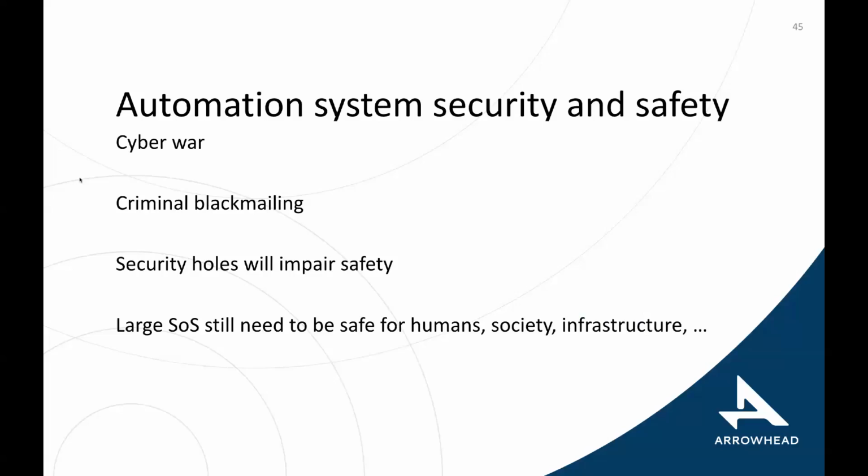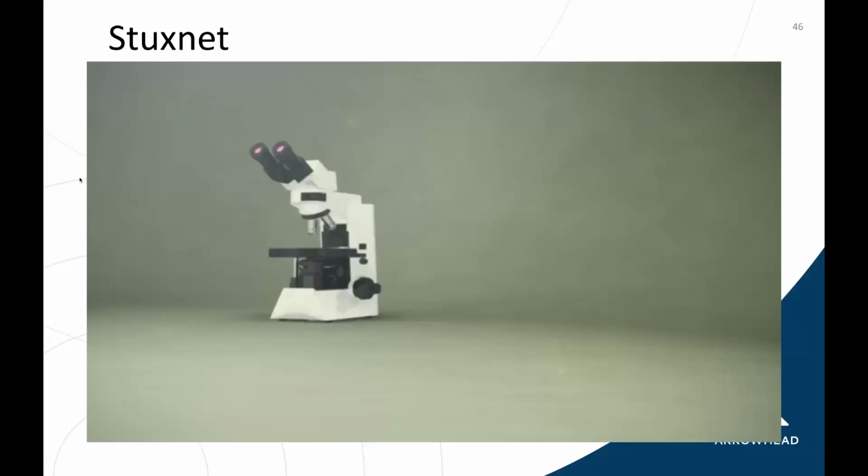So this is where we are, and you all know about Stuxnet, and there is another nice movie on this, and it's worthwhile looking at to understand what's going on. The movie is from 2012, but Stuxnet was found in 2011. It's important to get a feeling for what can happen.